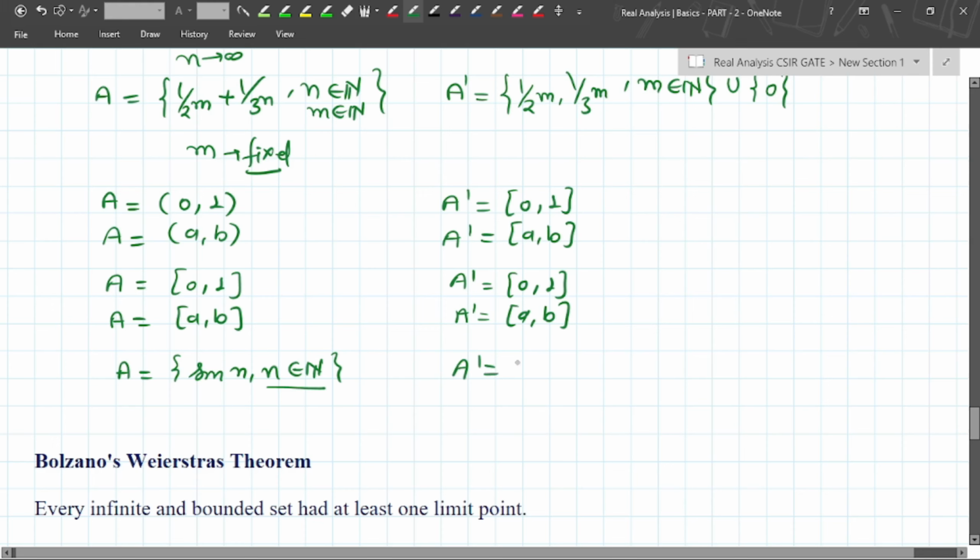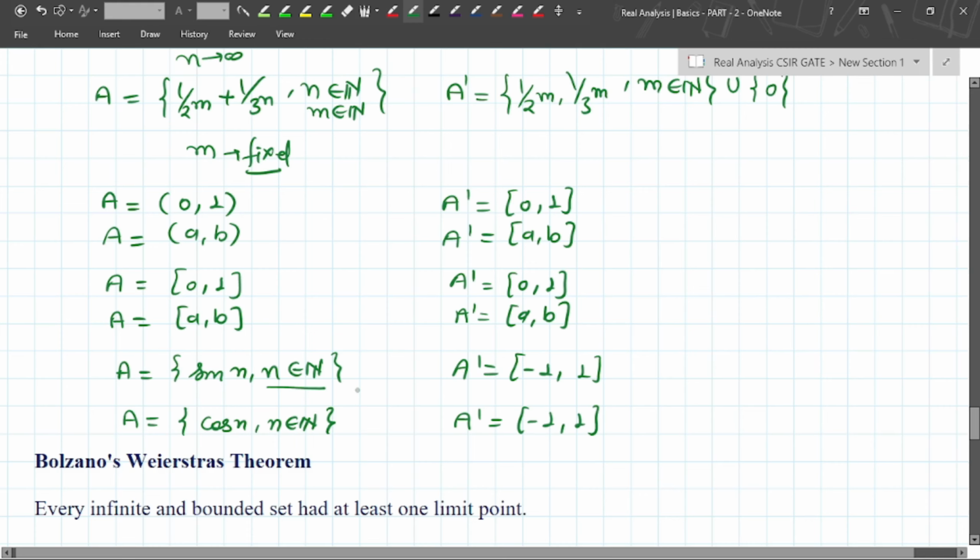So the derived set is -1 to 1, as all the values are repeating. Similarly, A is equal to cos n, where n belongs to natural numbers. The same thing is here: the derived set is also -1 to 1. So these are all examples of derived sets we have taken here.